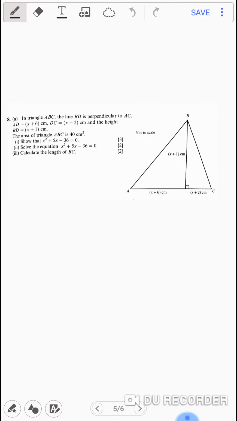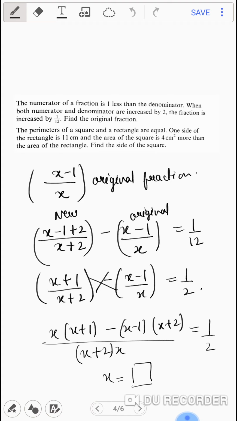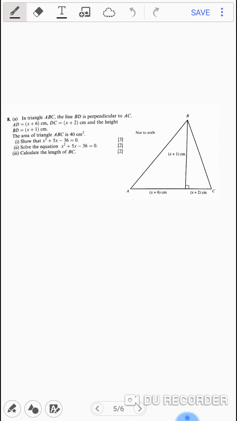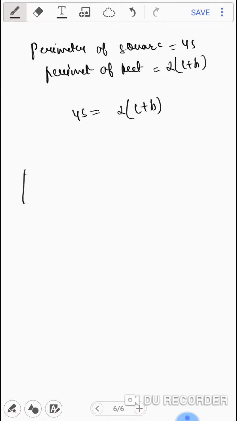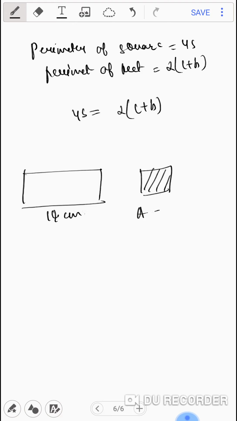Further it says one side of rectangle is 11 centimeter and area of square is 4 centimeter greater than the area of rectangle.